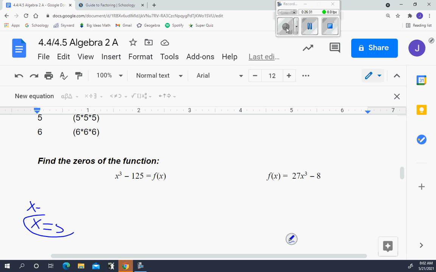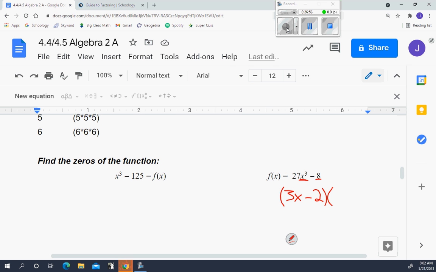Again, we have the difference of perfect cubes here. 27 is a perfect cube, right? It's 3. So our a is going to be 3x. And b will be 2, because 2 times 2 times 2 is 8. There's a and b. All I want to do is just factor this. I don't care about solving.